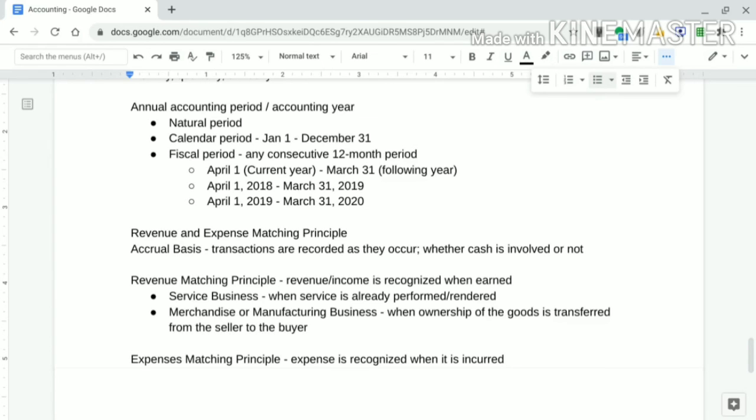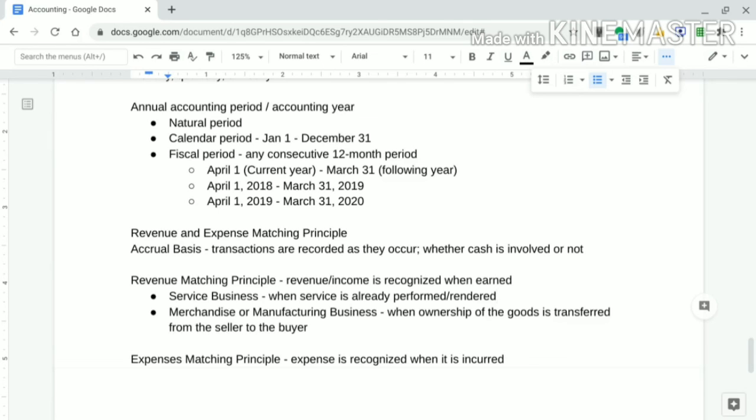And those principles, the periodicity concept that we have discussed earlier, and the revenue and expense matching principle would be the things that you need to bear in mind when you are doing adjusting entries para mas maintindihan mo why are you adjusting that certain entry or that balance for that certain amount, and para mas maintindihan mo rin kung paano mo siya i-adjust. Okay?